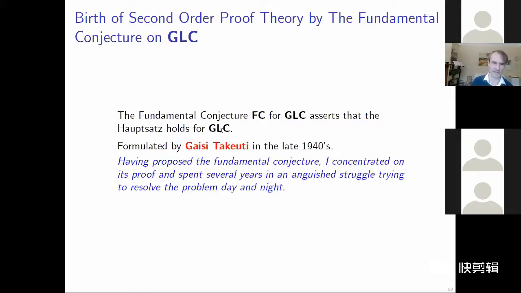And this is what he wrote. Having proposed the fundamental conjecture, I concentrated on its proof and spent several years in an anguished struggle trying to resolve the problem day and night. So this is a quote I sometimes show to my PhD students when they start a project in proof theory.